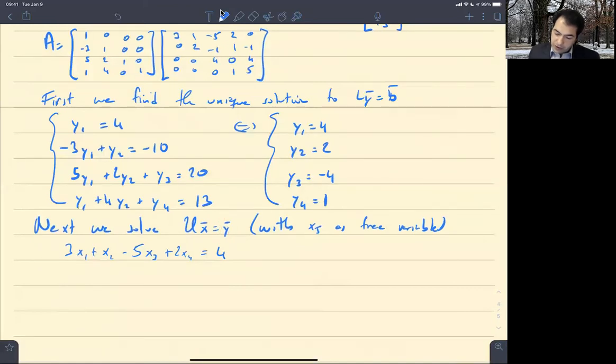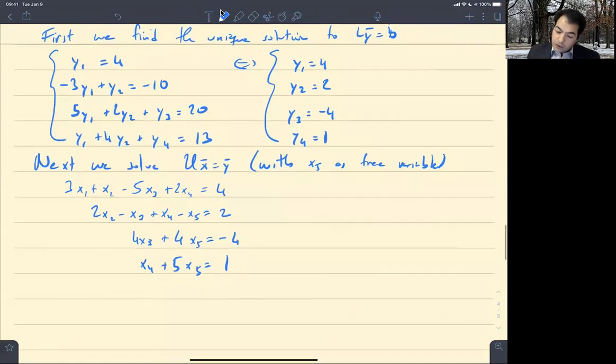Then the second equation says 2x2 minus x3 plus x4 minus x5 is equal to 2. Then the next equation says 4x3 plus 4x5 is equal to -4.